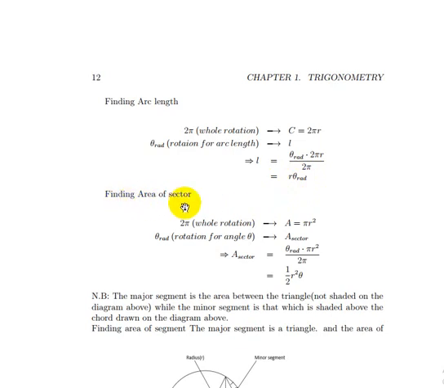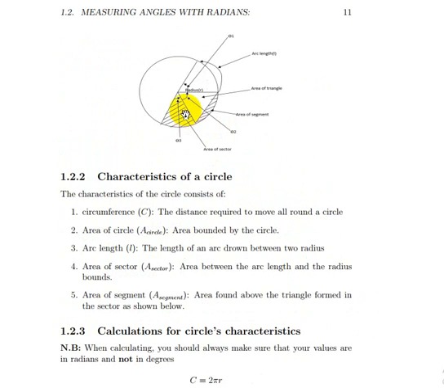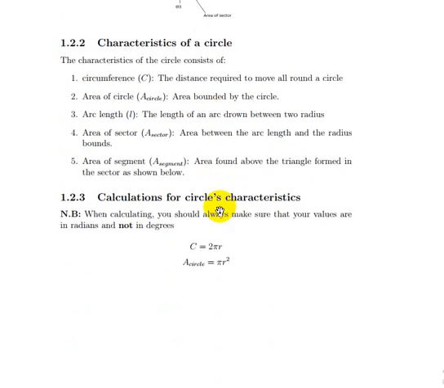Now, finding the area of a sector. Again, coming to this diagram, the area of the sector is similar to the area of the whole circle, but in this case the area of the sector is taken within a certain angle theta, while the area of the whole circle is taken within the whole angle 2 pi or 360 degrees.